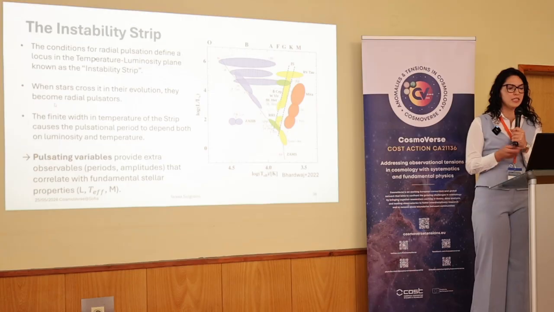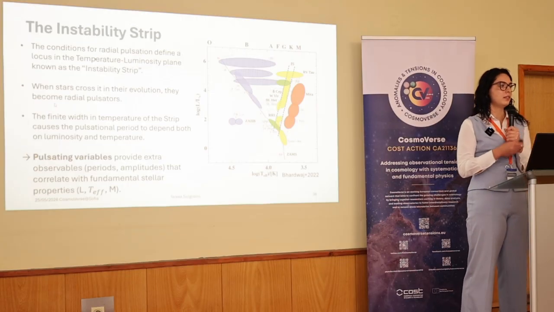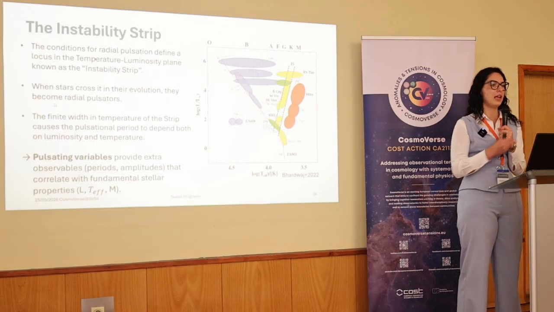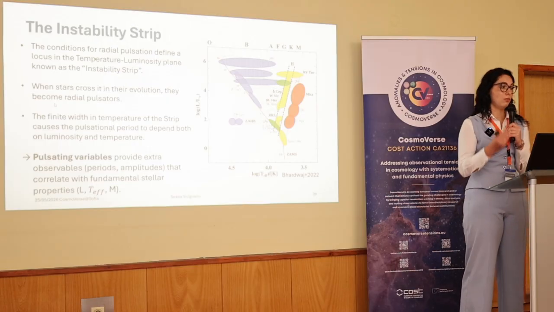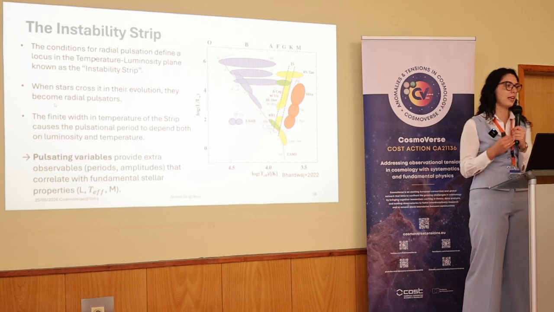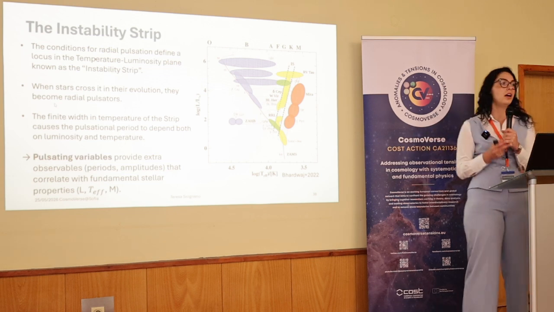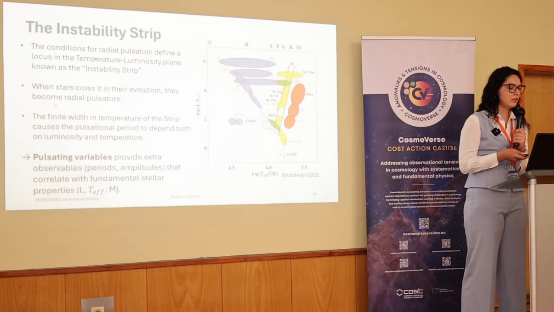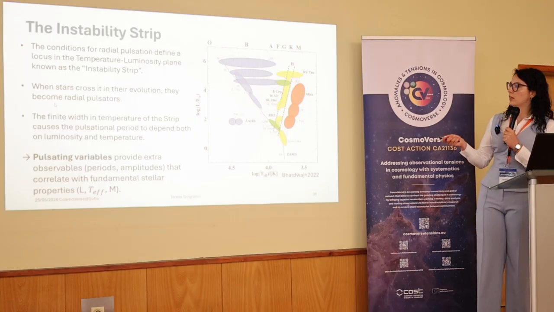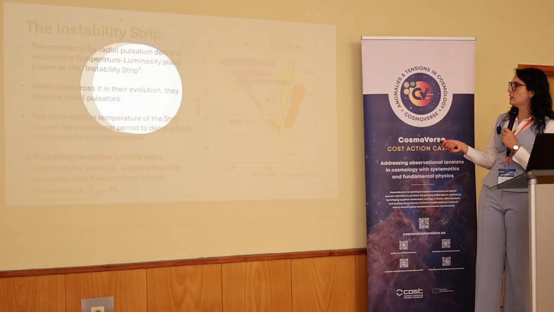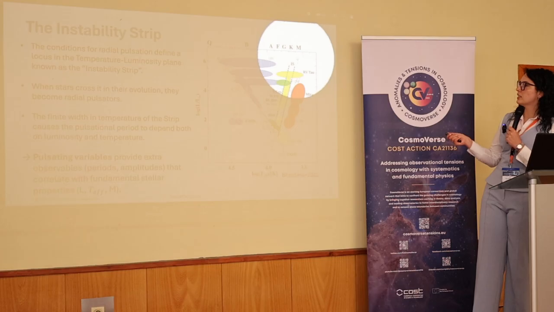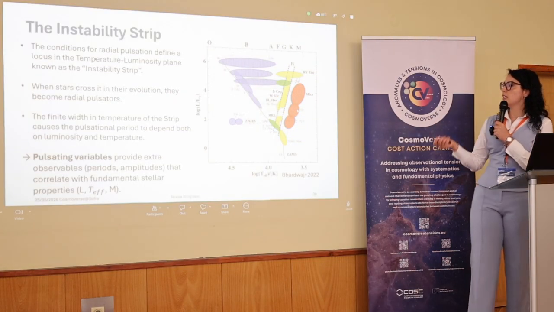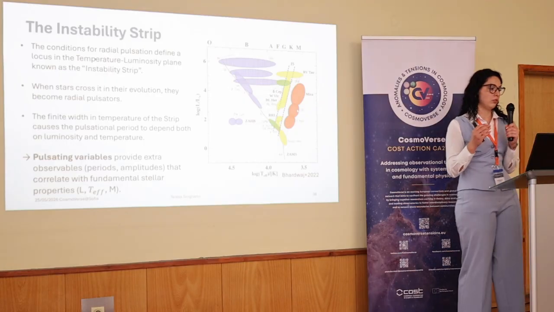The first thing I want to say is that stars can cross this path at different times of their evolution, also more than once. For instance, classical Cepheids can cross this strip three times. And the fact that the strip has a blue edge and a red edge is what causes pulsation.